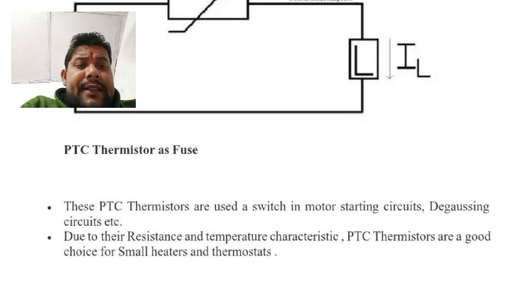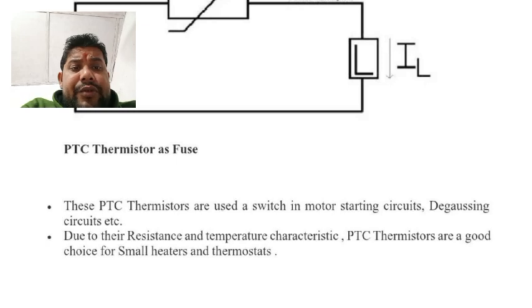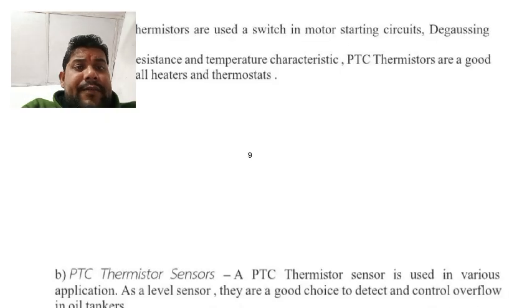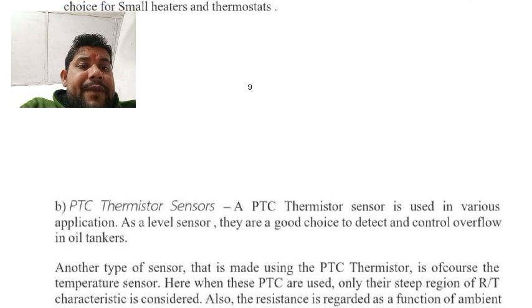The PTC thermistor can be used as a switch in motor start circuits and degaussing circuits. Due to their resistance and temperature characteristics, PTC thermistors are good choices for small heaters. PTC thermistor sensors: a PTC sensor is used in various applications such as level sensors.